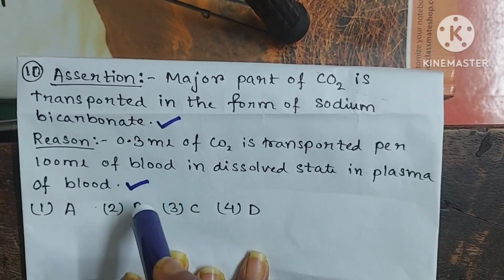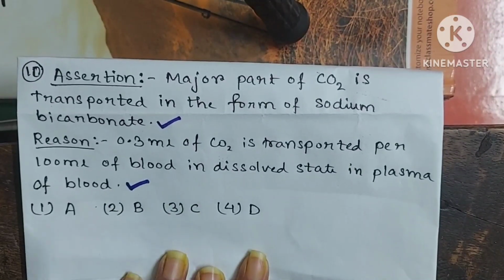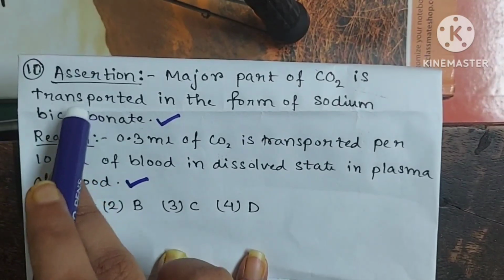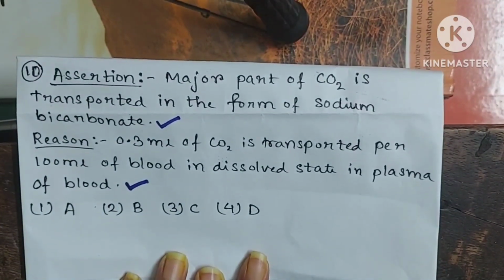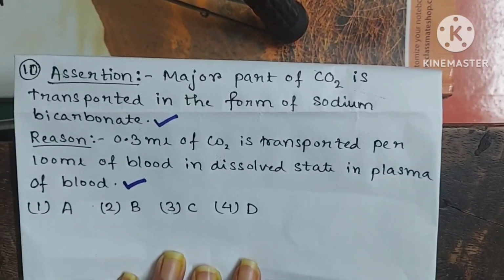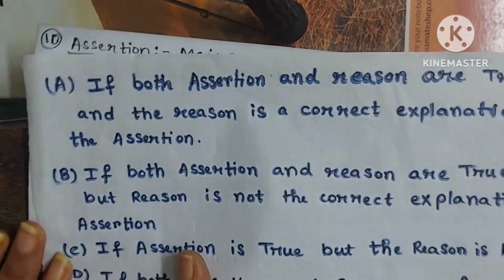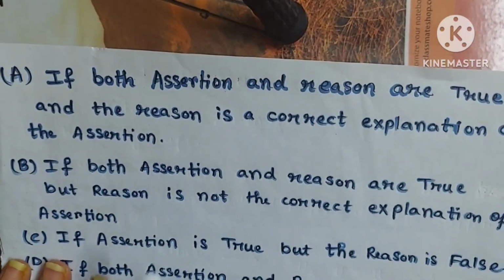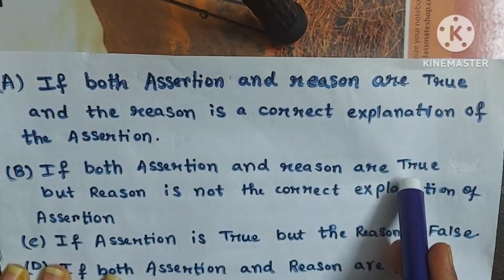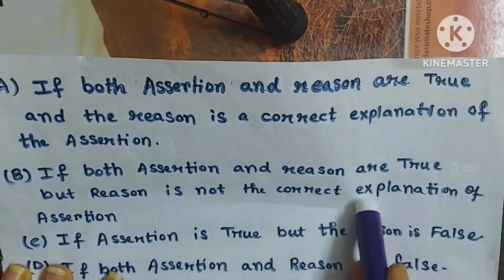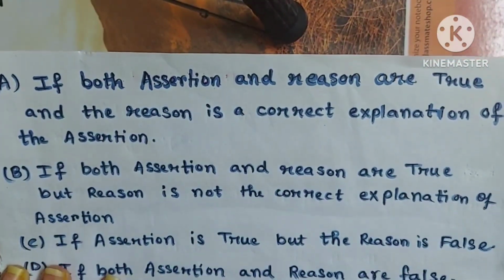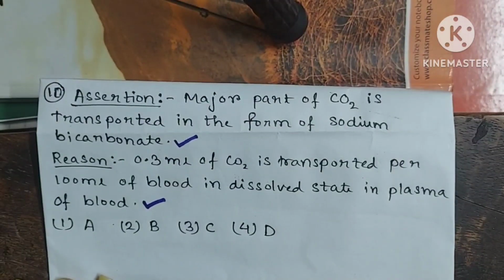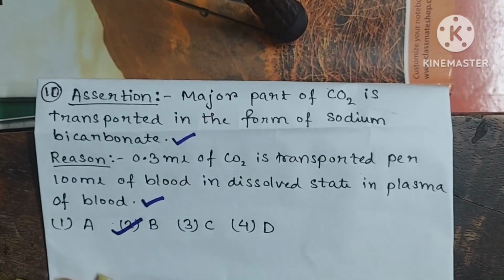As there is no relation, the reason is not explaining the assertion correctly. If we see the options, in option B it is written that if both assertion and reason are true, but reason is not the correct explanation of assertion, then we will mark option B as our answer. So here the answer is option 2.